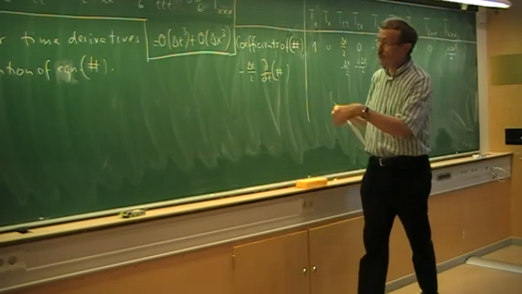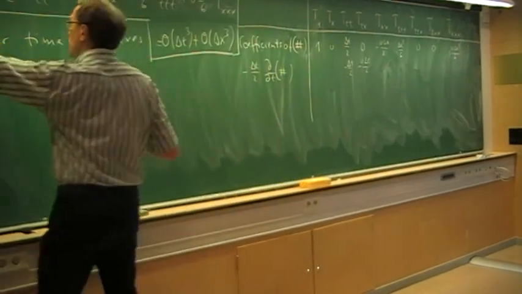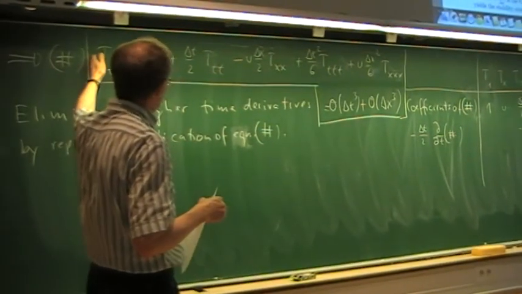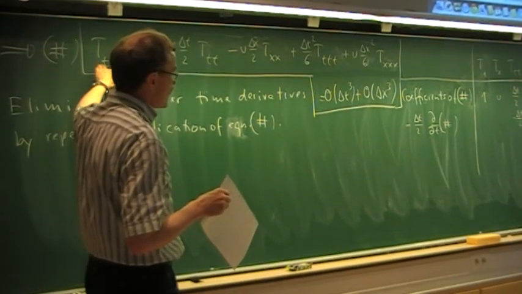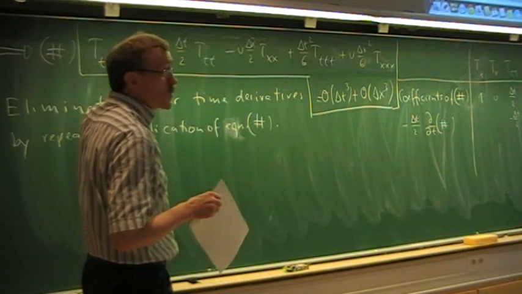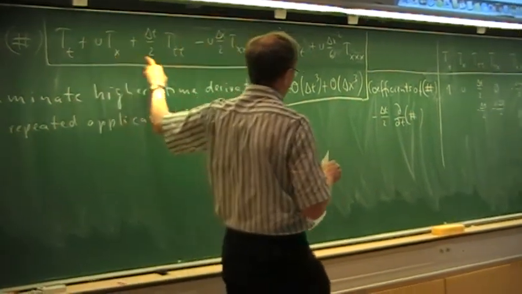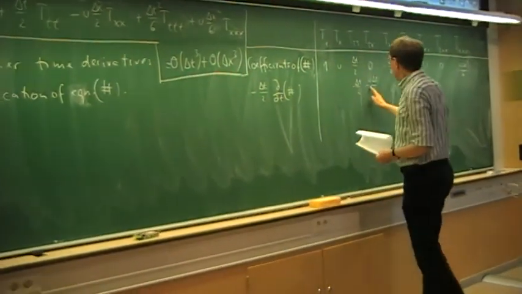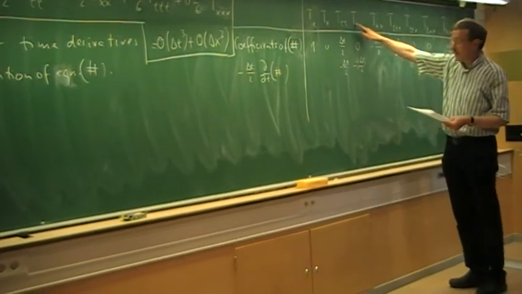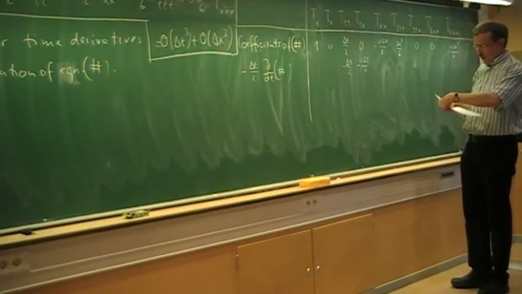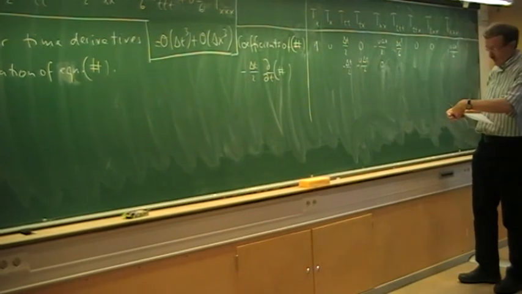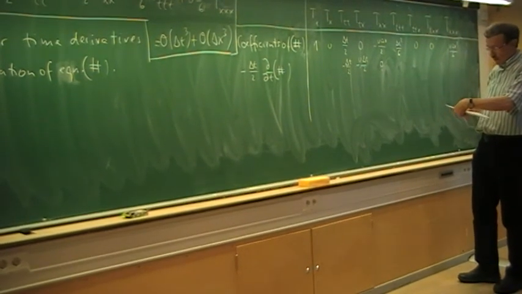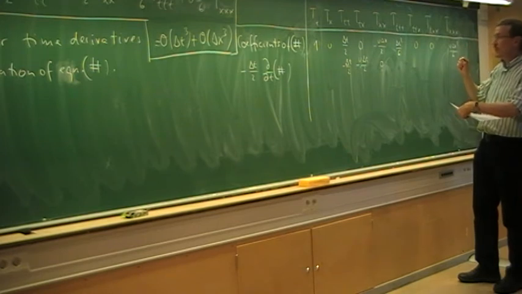If we would go back to this, we would have minus delta t half times the time derivative. So we have considered this already, and we are now considering this. And that is the term that is then appearing here: u delta t half t t x.